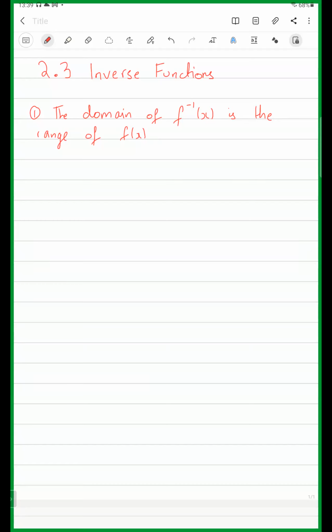For instance, just know at this point you don't know what exactly an inverse function is. You would be having a function f of x, you would be having a question that would ask you to find out the inverse of f of x or g of x or h of x, whatever the function is. I'll tell you how to find the inverse. That's very easy.